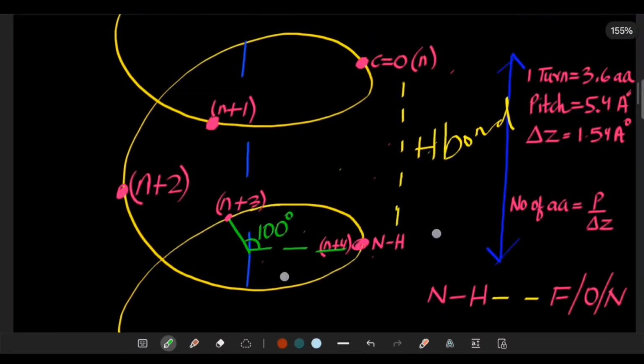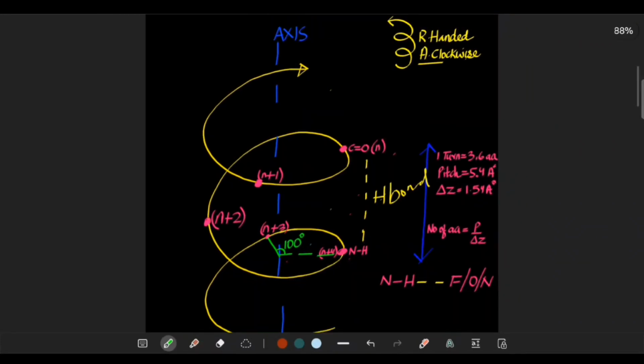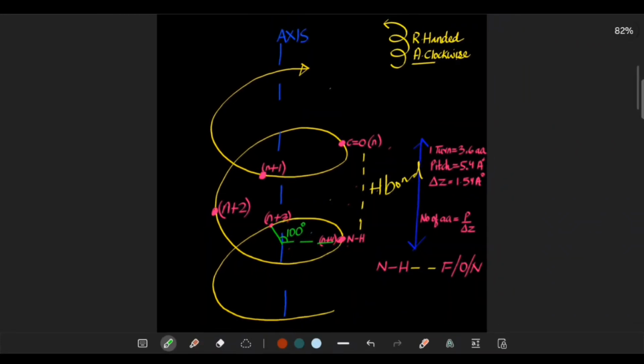Okay. So now I hope you're able to understand how a hydrogen bond forms between different amino acids, and this is the reason why they form this helical structure, because before, they're not forming any hydrogen bond.